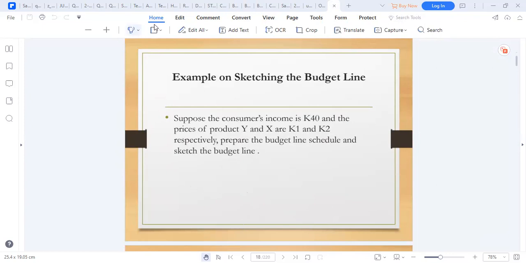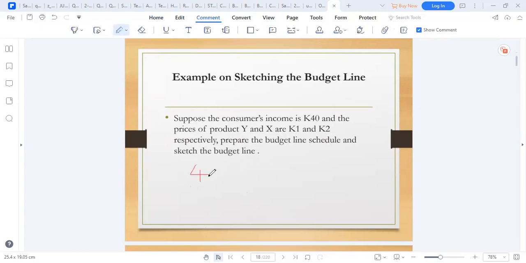How do we draw a budget line here? The budget line becomes 40 is equal to 2x plus 1y. Then how do we sketch this? We divide 40 by 2, what do we get? 20. 40 divided by 1, what do we get? 40.